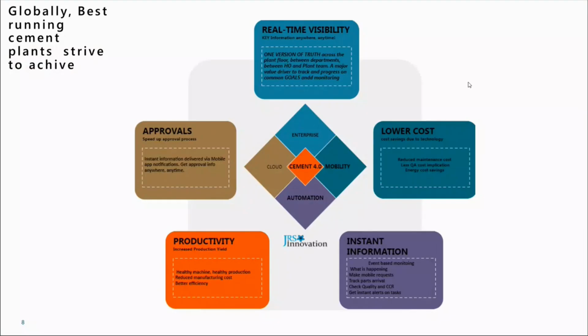In the top running plants globally, if we see which are the best running cement plants and how they are taking advantage, they are able to produce better quality cement at lower cost, running more smooth operations, and their plant teams are working efficiently, living a more qualitative life. And that's where the information plays a major role.